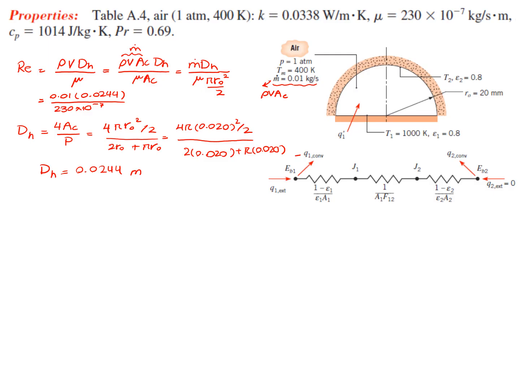Then I have my mu. What else do I need? Pi times 0.020 squared divided by 2. These are all the values going in, and that should give me my Reynolds number to be 16,912, which is much larger than 2300, which means that this is a turbulent flow.